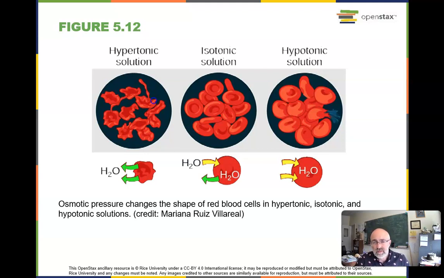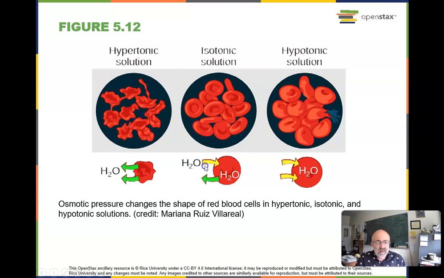If you have very little water in the serum outside of the blood cells, then the water from inside the cell is going to leave and go into the serum, and it's going to cause the blood cells to shrivel up. And I'm telling you, a lot of times if you feel bad, it's because you're dehydrated, and these blood cells right here are not going to be very good at carrying oxygen.